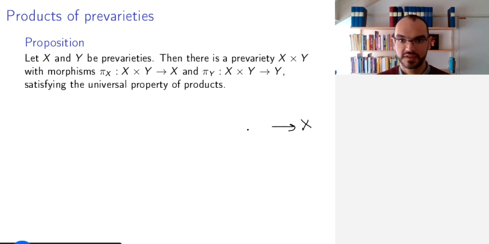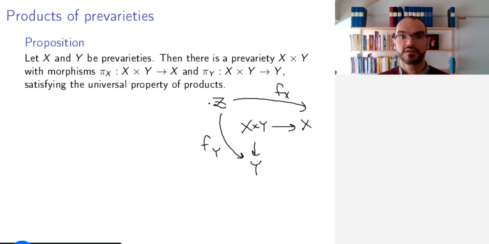So this property that we had on the previous slide, that for any Z, a pre-variety, and f_X and f_Y morphisms of pre-varieties, there should exist a unique f making this diagram commute. So we have products in the category of pre-varieties.